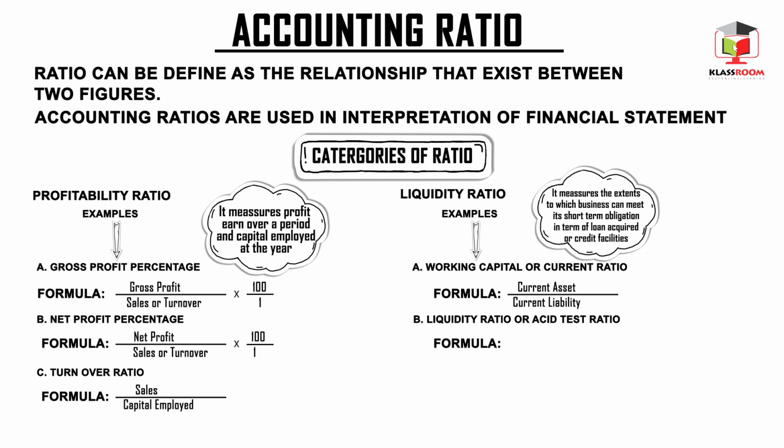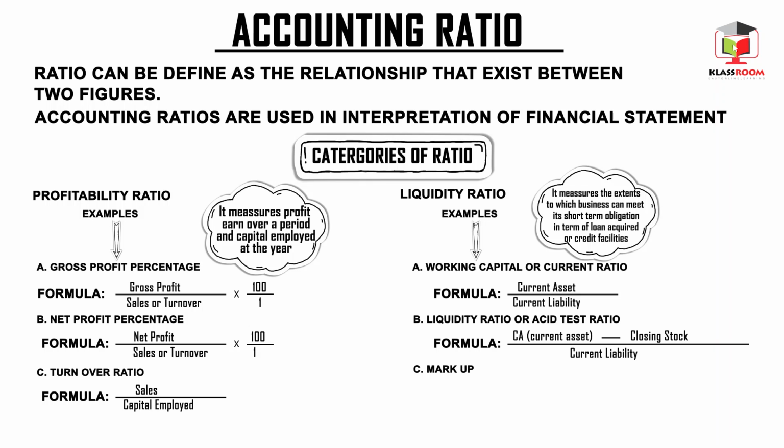This can be obtained by having this formula: CA, which stands for the current asset, minus the closing stock, that is the value of goods left unsold at the end of the accounting period, and divided by the current liability. A very good example of current liability is the creditor. So when we go through this procedure, we at the end of the day obtain either the liquidity ratio or the acid test ratio.